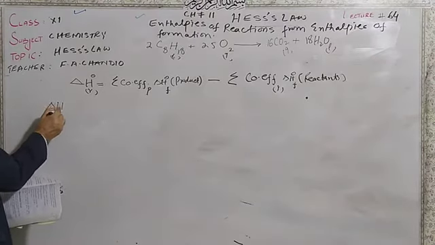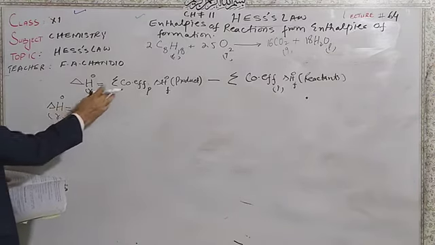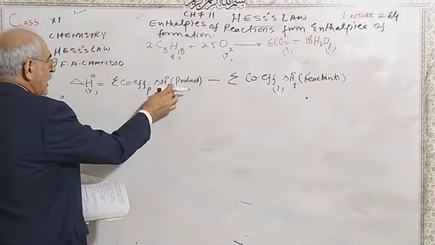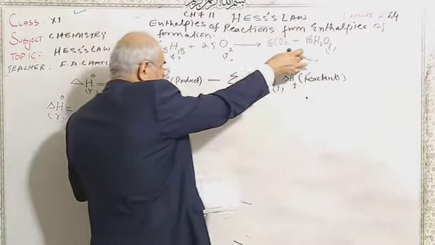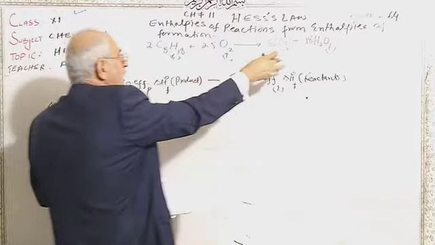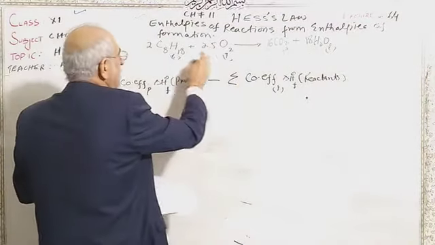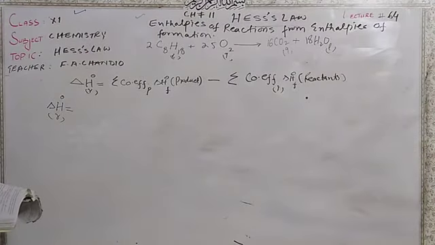So the change in enthalpy of reaction is sigma coefficient of the products times the change in enthalpy of formation for these products, minus the same for the reactants. These are the products and these are the reactants. I must put these values on this side, then subtract this side, according to the formula given.